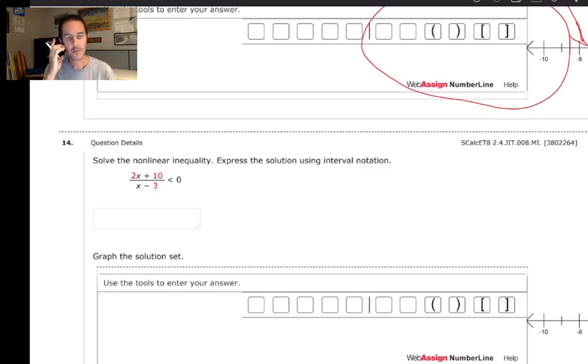Number 14 is solving a rational inequality. And that's a little bit different. The process, you should know how to do this.